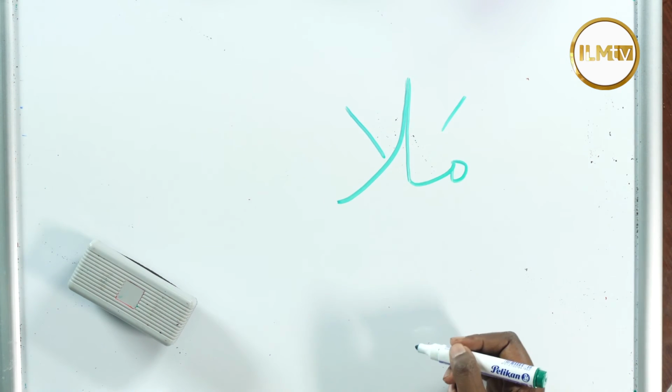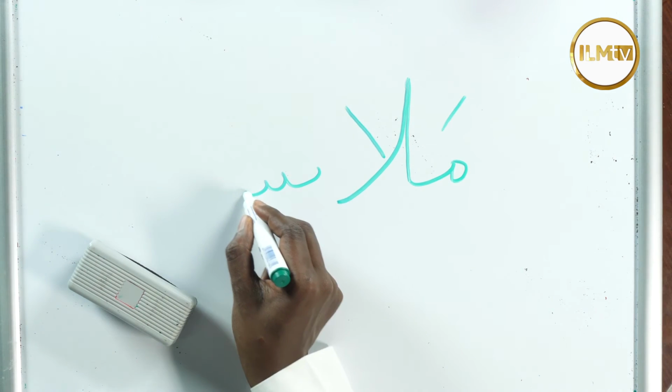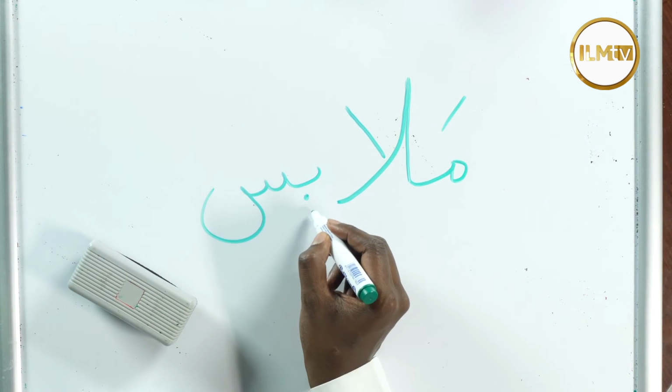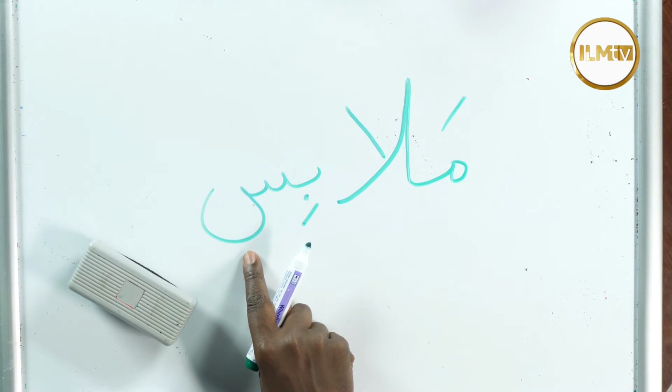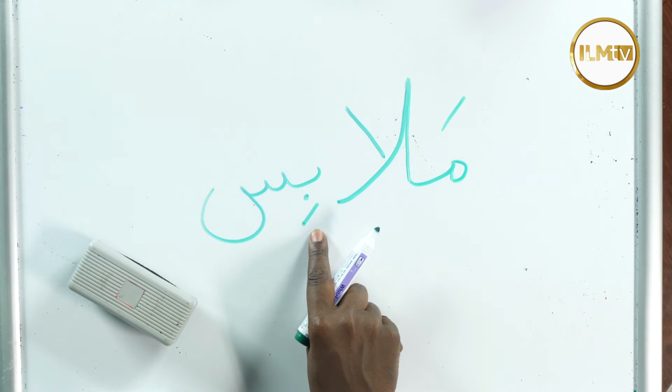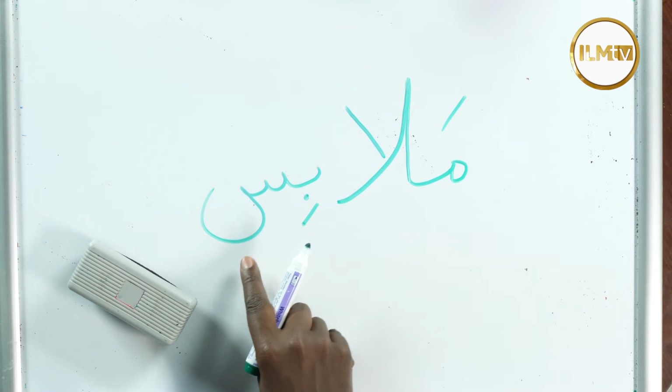So you have mala, then you can just finish it this way. Ba with a kasra, B, sin. Mala, B, s. Malabis, clothing.